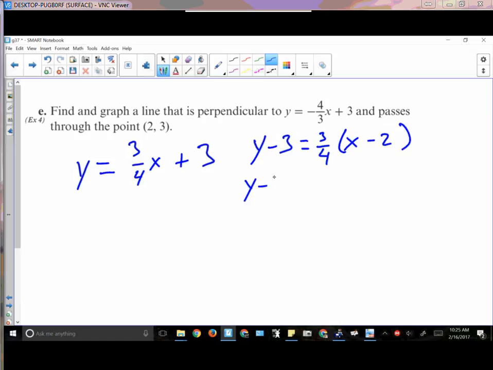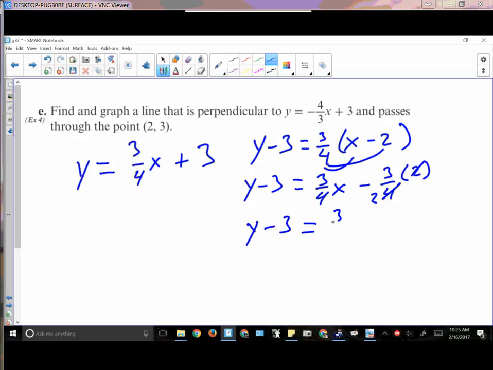So I got y minus 3 is equal to, distributive property here, 3/4 x minus, distributive property here, 3/4 multiplied by 2. So it looks as though I gotta cancel here, so that'll be 2. So I'll have y minus 3 is equal to 3/4 x minus 3/2. So far, so good?